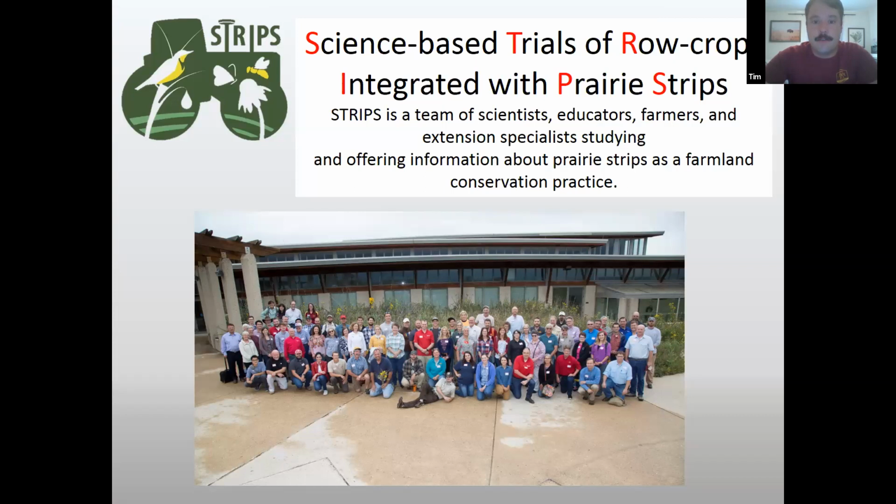So a team of people based out of Iowa State, but at this point extended well beyond Iowa State to include groups like the Missouri Prairie Foundation, folks in Missouri, Nebraska, Michigan, Illinois, Minnesota, all around the Midwest. So scientists, agronomists, engineers, natural resource professionals, a lot of different folks looking at various aspects of what happens when you put prairie out into the landscape, particularly corn and soybean row crop fields.